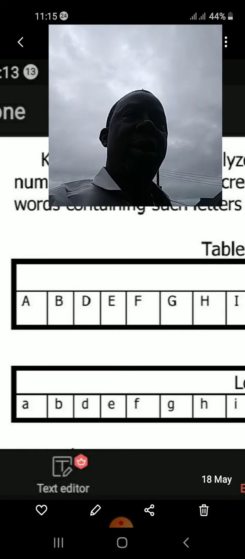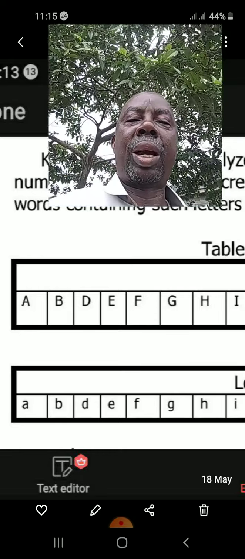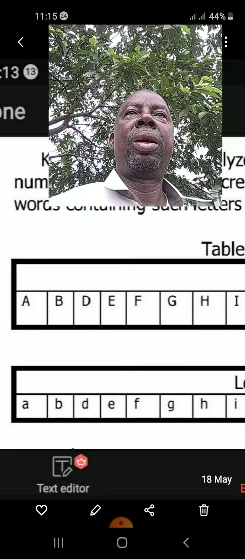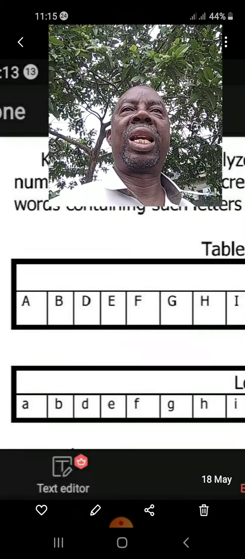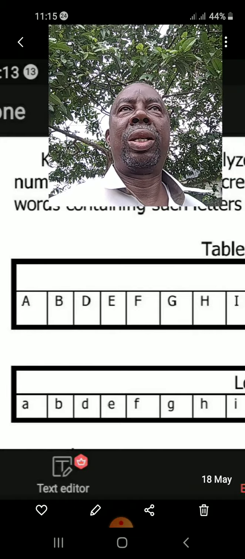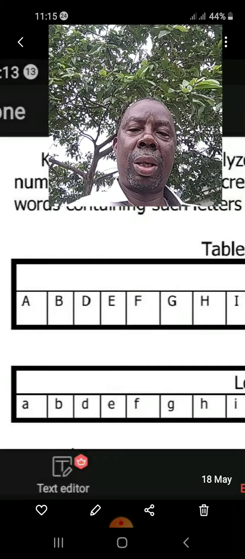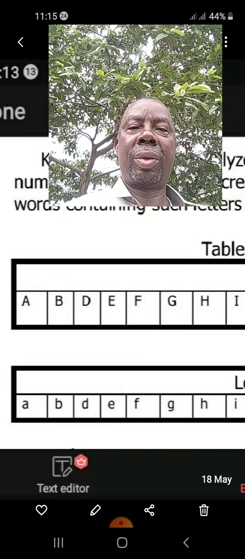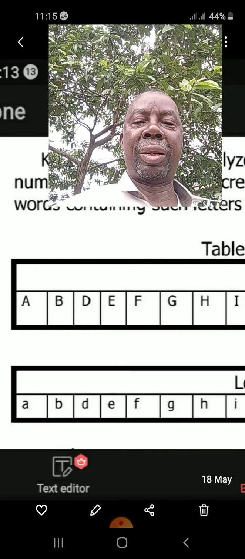These are the letters in the alphabet of Kana. The alphabet is made up of letters used in writing a language. Here are the letters that are used in writing Kana.